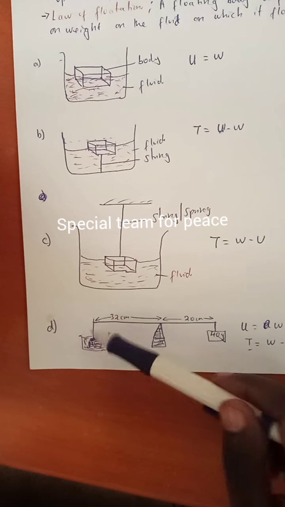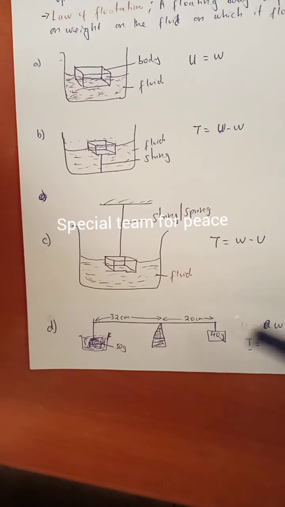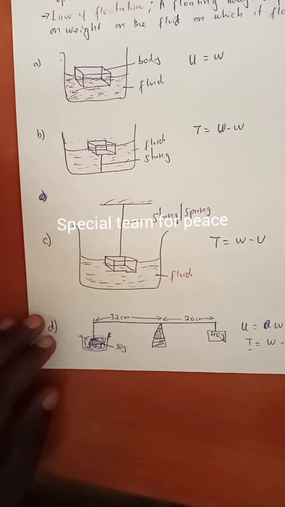So the apparent weight times this perpendicular distance is the same as this perpendicular distance times the weight of this object, so that you can find the upthrust acting there, given as the weight minus the apparent weight. Remember, by the law of moments, the sum of clockwise moments is equal to the sum of anticlockwise moments.